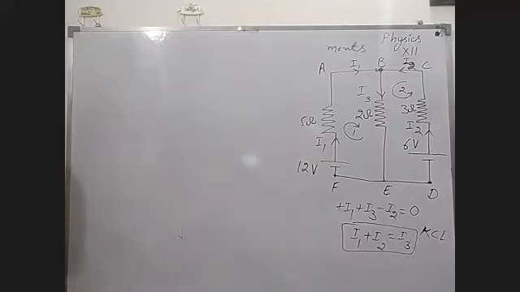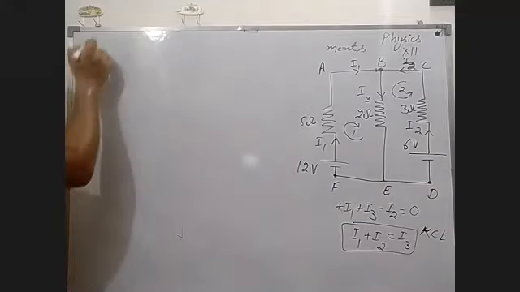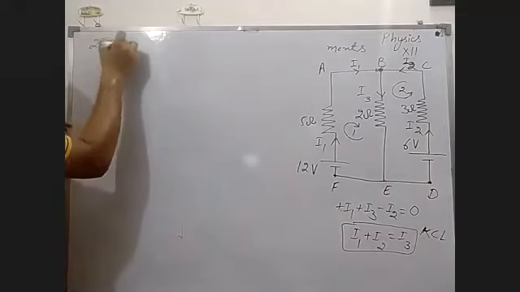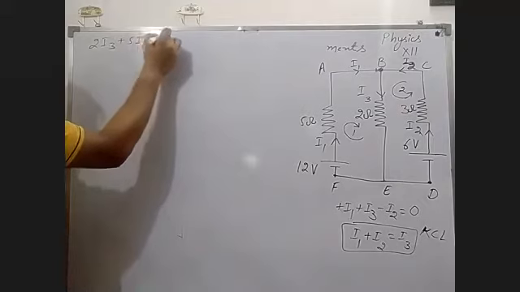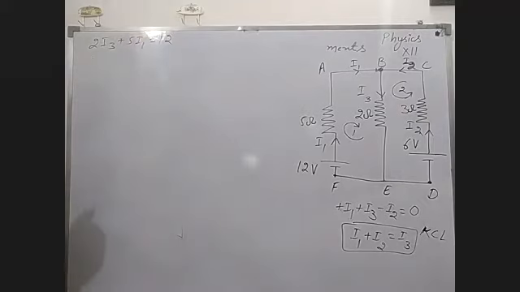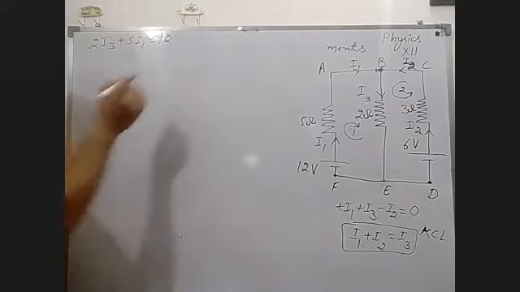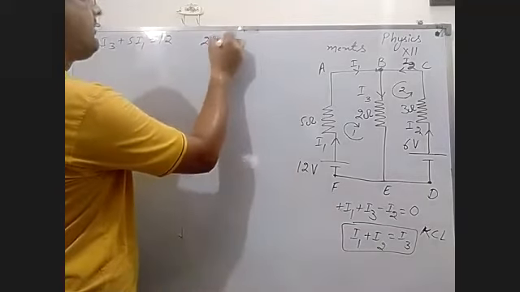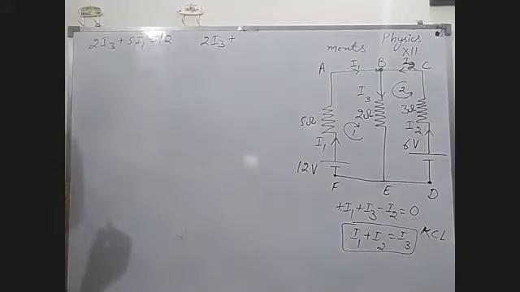We have two equations, 2I3 plus 5I1 is equal to 12. And another is 2I3 plus 3I2 is equal to 6.